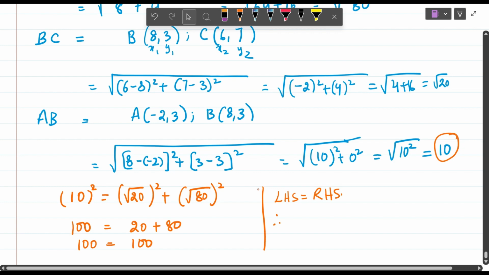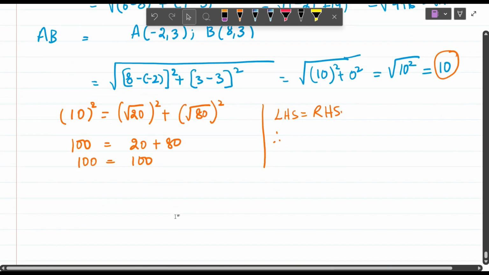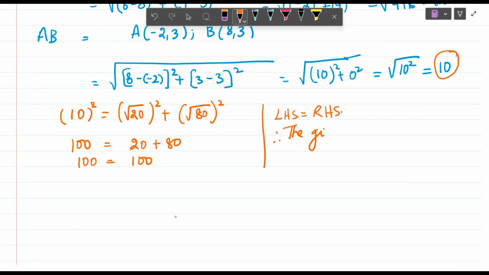Therefore, the given vertices are the vertices of a right angled triangle. Yes, you have to write that. The given vertices are of a right angled triangle.